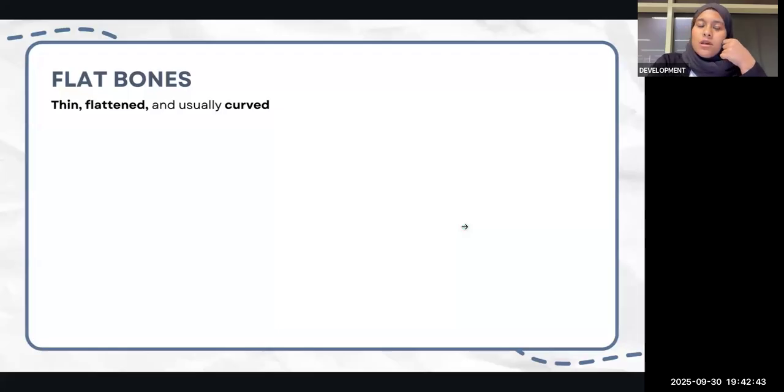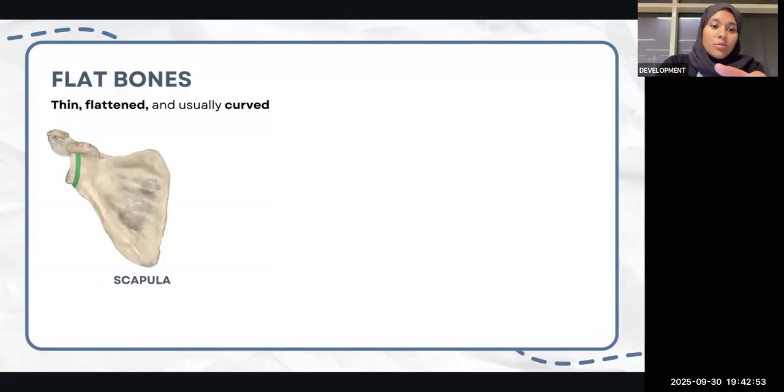What about flat bones? Flat bones, from the name, are thin, flattened, and usually curved. Sometimes they're slightly curved or they're actually curved, like your scapula. Ignore this part, okay? But if you take the majority of the scapula, it's a flat bone. It's very flat, very thin.